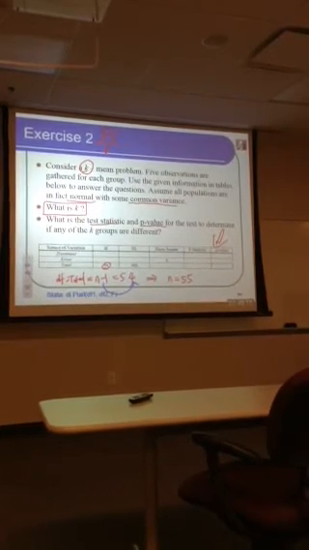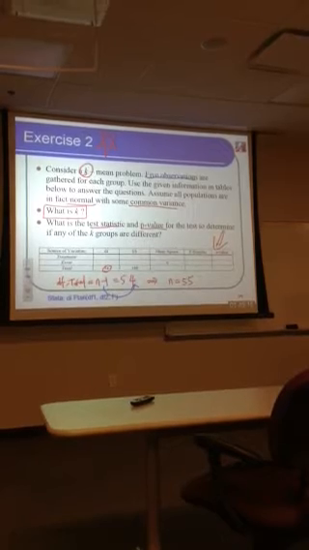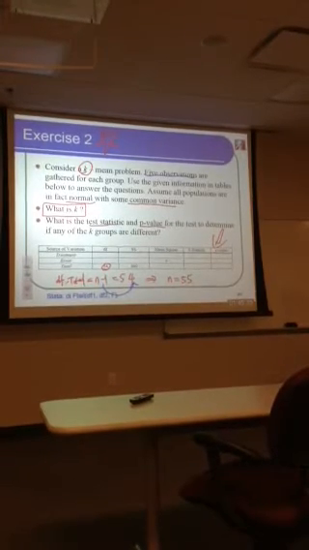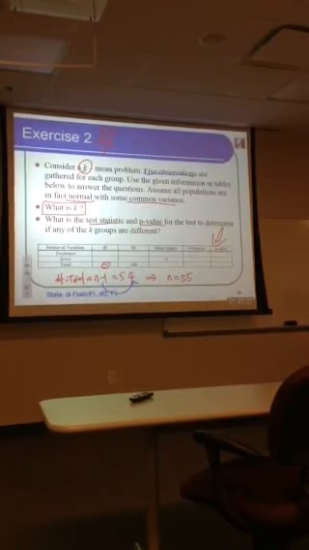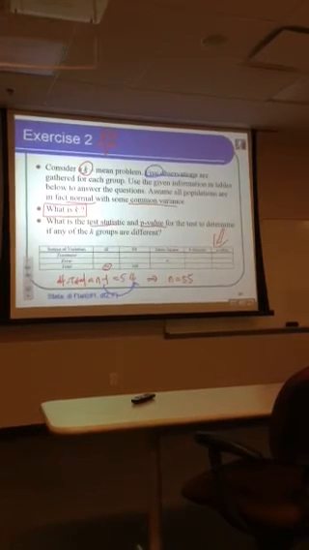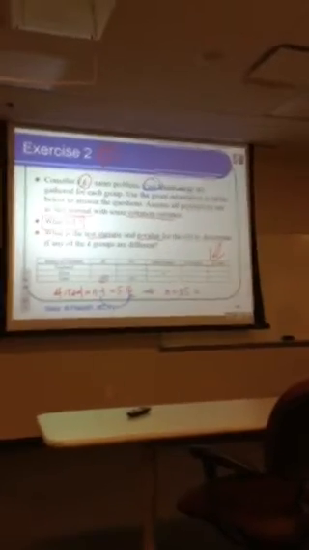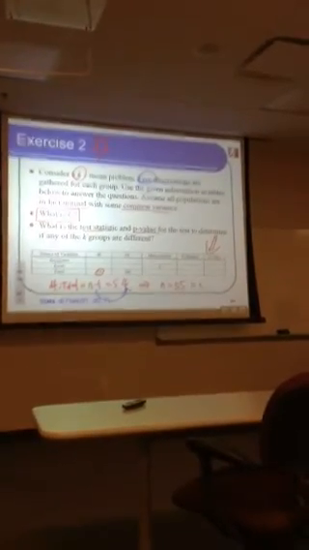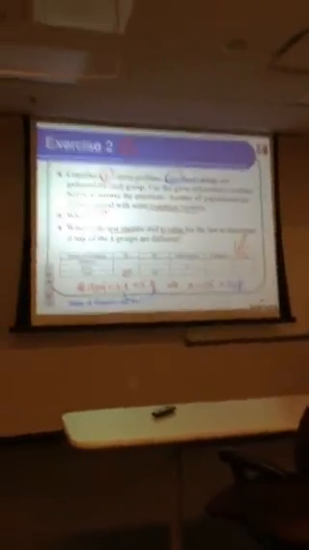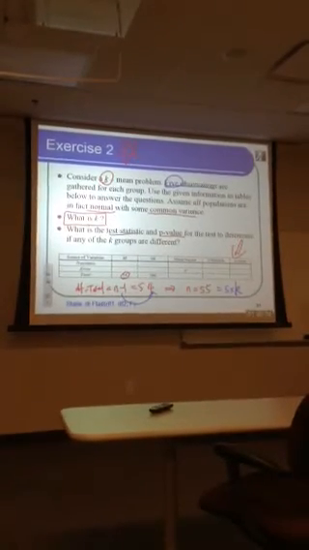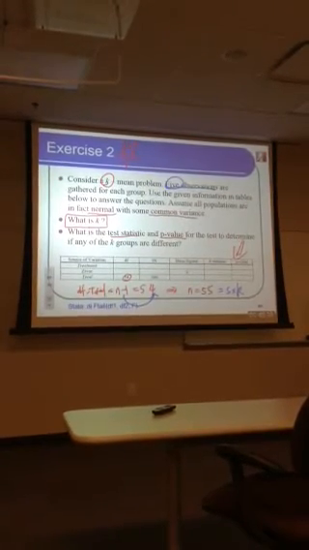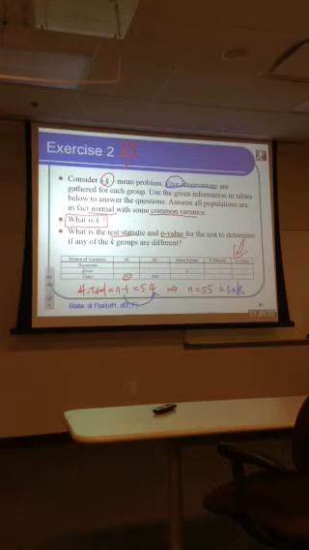Now, if you read this question, you have K different groups, not 5, K different groups, and you have 5 observations within each group. So how do we calculate the total sample size? You use 5 multiplied by K. Total sample size equals 5 times K, equals 55.